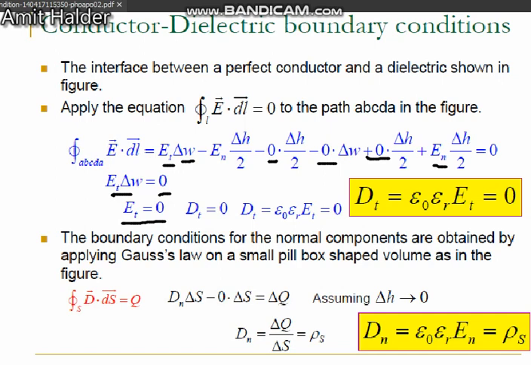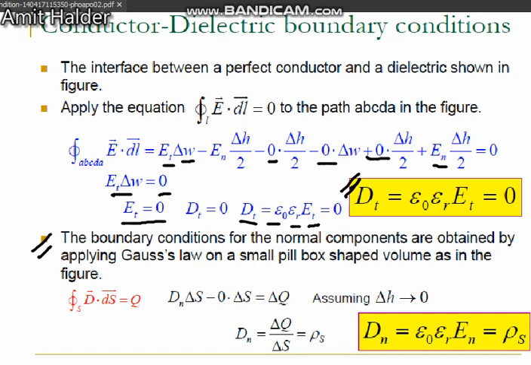As we know, Et is equal to D divided by epsilon, so Dt is also equal to 0. Also Dt is equal to epsilon naught epsilon r Et. That is the equation of the conductor dielectric boundary condition. If there is a conductor, the second media, the conductor media, will be 0.